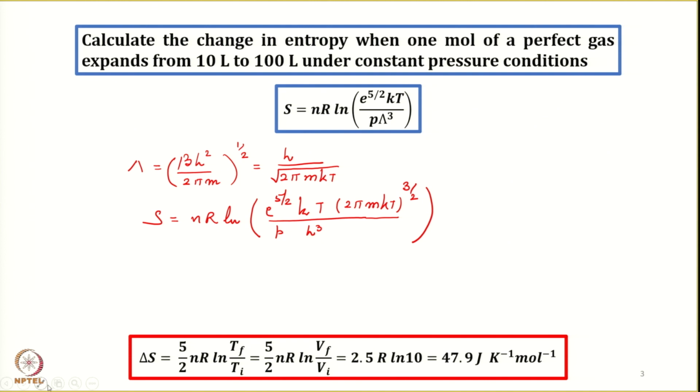So if I combine all these constants, I can write this equal to nR log A. It combines all the constants, and there is one temperature term here and another temperature term here. That means 1 plus 3 by 2 is equal to 5 by 2.